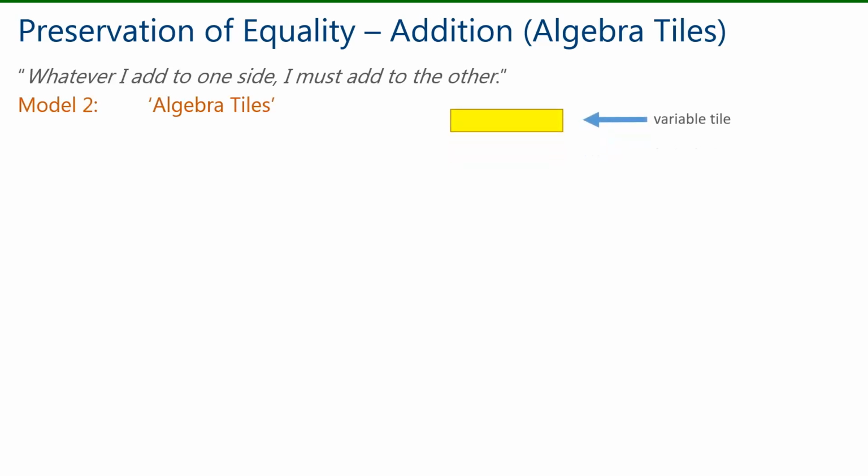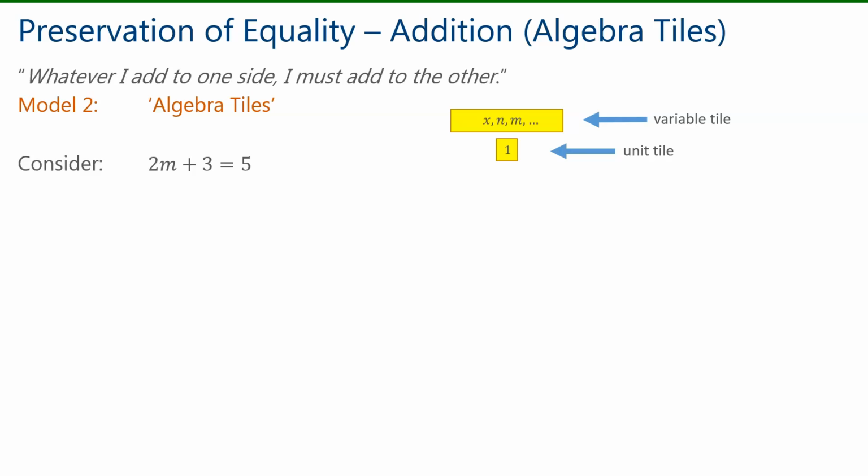With algebra tiles, we have what's called a variable tile. And that could represent 1x or 1n or 1m or whatever other variable you've used. And we have what's called a unit tile. And that just represents 1, a positive 1 in this case.